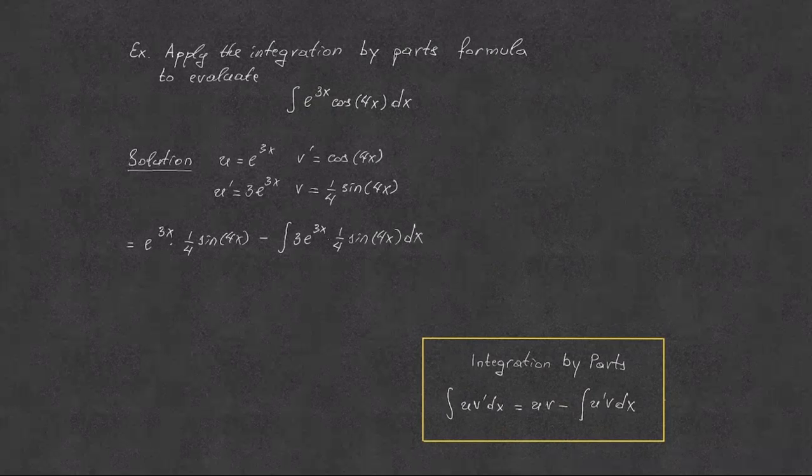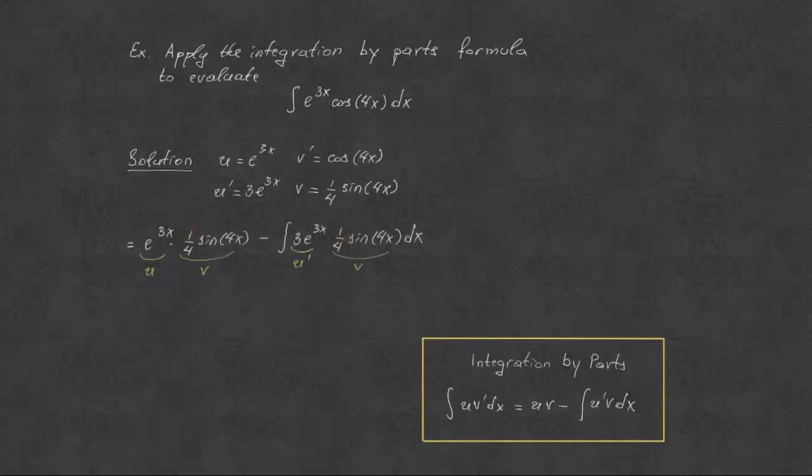Here, e to the 3x is u. 1/4 of sine 4x is v. This expression here in the integral is u prime, and this expression here is v again. What we're going to do here is factor 3 and 1/4 out and then multiply, and we'll rewrite this 1/4 in the front of this expression.